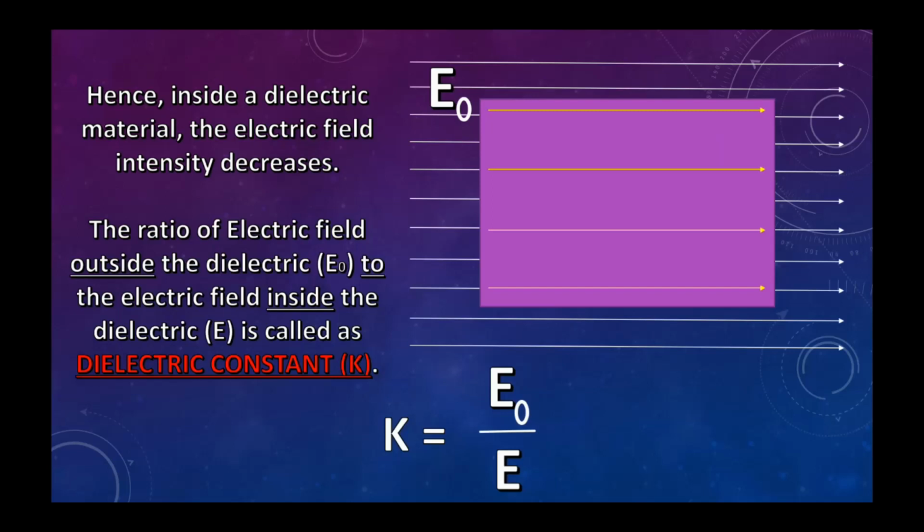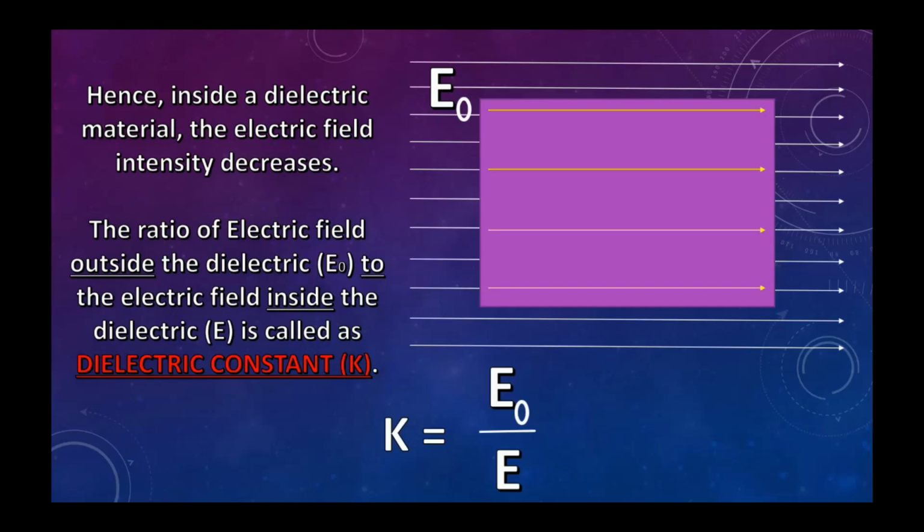Alright. Now can you guess the unit of the dielectric constant? What should its unit be? Let us calculate. The unit of E naught is the same as electric field, that is Newton per coulomb, and the unit of E is also that of an electric field, so it is also Newton per coulomb.